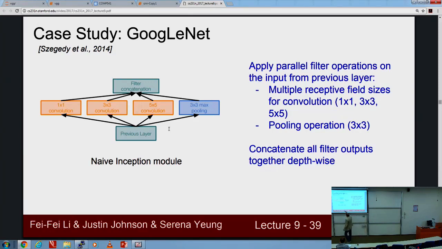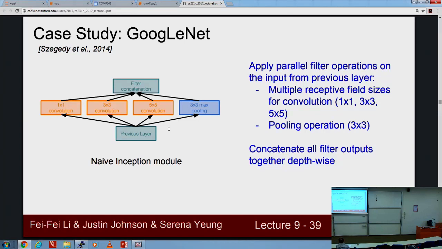So you get some sort of volume from the previous layer, and then you apply 1x1, 3x3, 5x5 convolutions to it, and you also apply no convolution at all and just have a 3x3 pooling in parallel. You apply all these 4 operations in parallel.